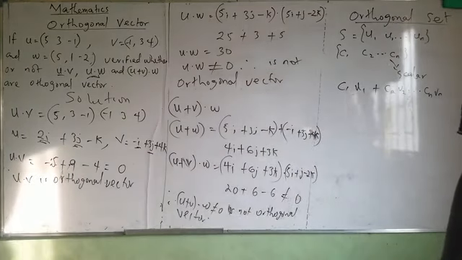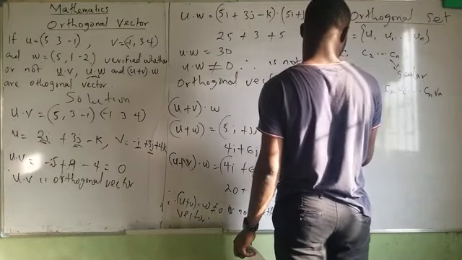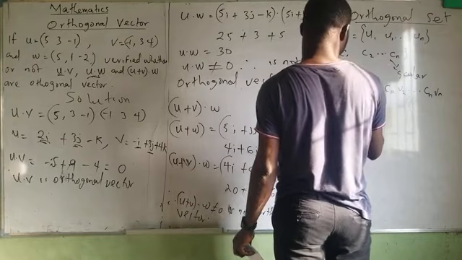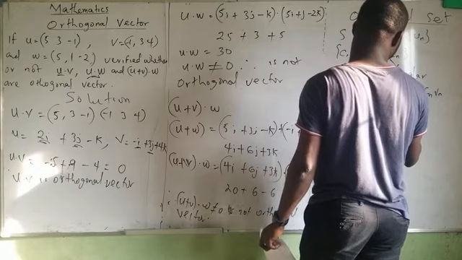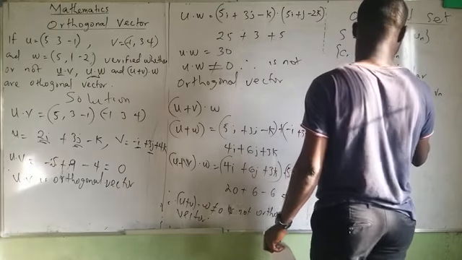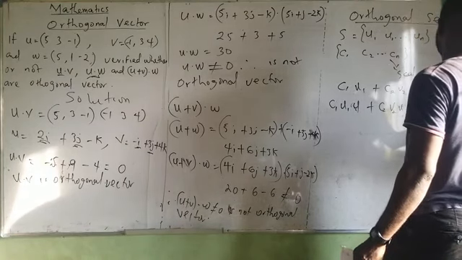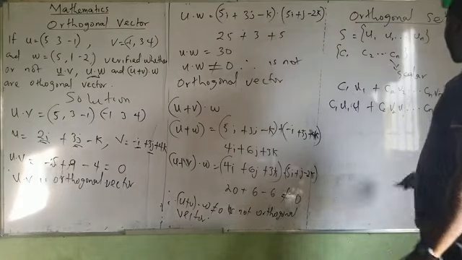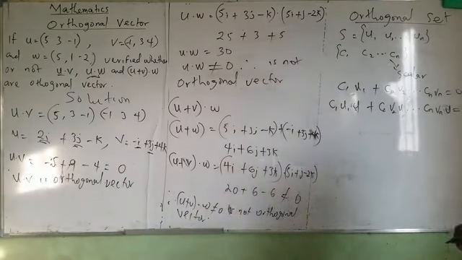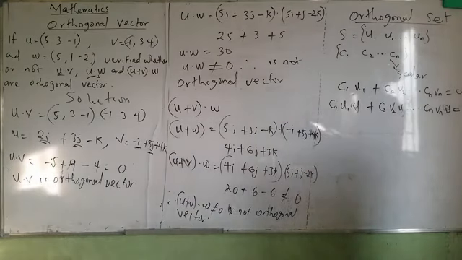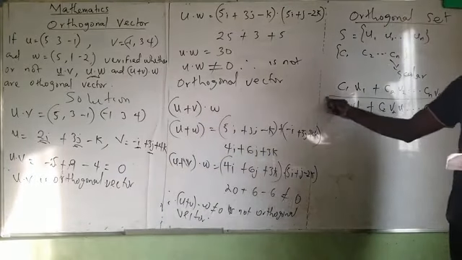Since you have that, you can dot it with U: C1 U1 dot U plus C2 U2 dot U. Now, if it equals 0, because we are talking about orthogonal, you must be talking about the 0 part of it. Now, since you have it, I will say that this is what an orthogonal set is.